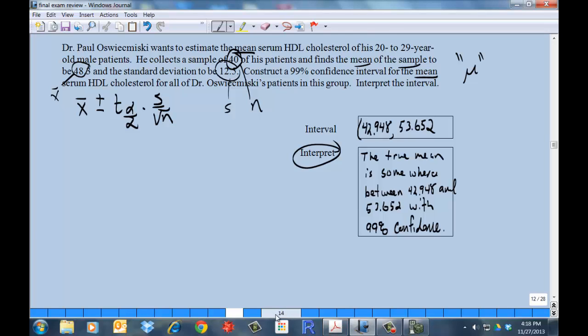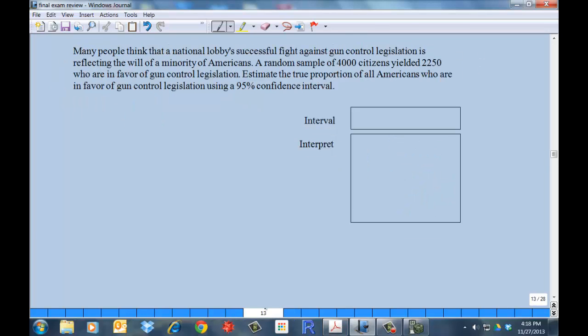Okay, next question. Again, this is a confidence interval question. Many people think that a national lobby's successful fight against gun control legislation is reflecting the will of a minority of Americans.